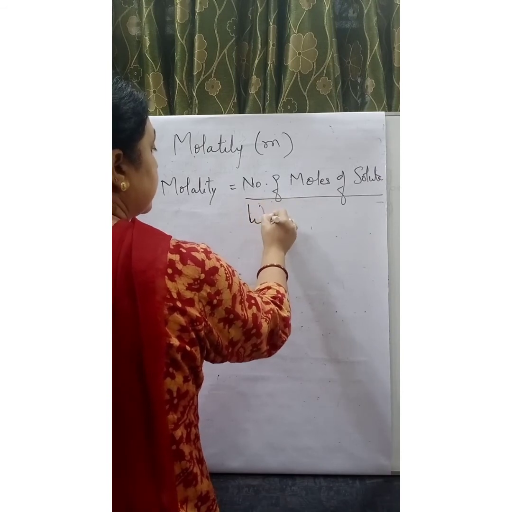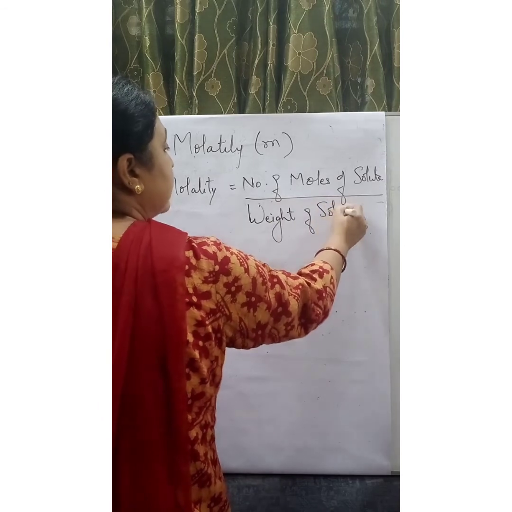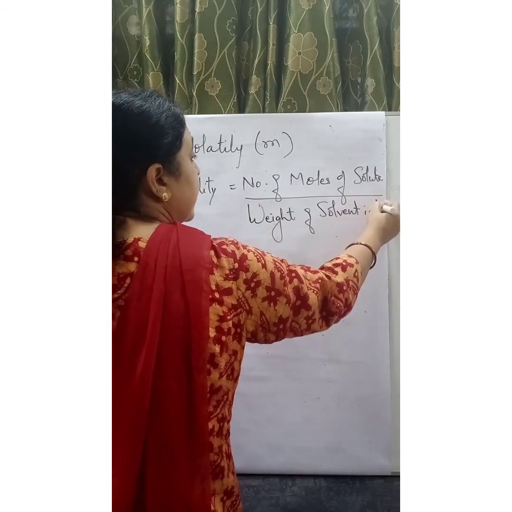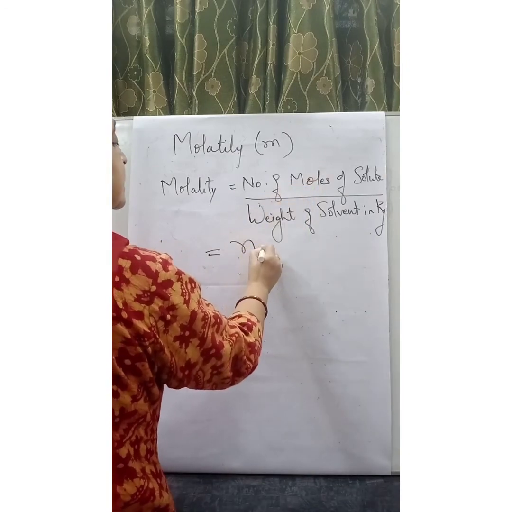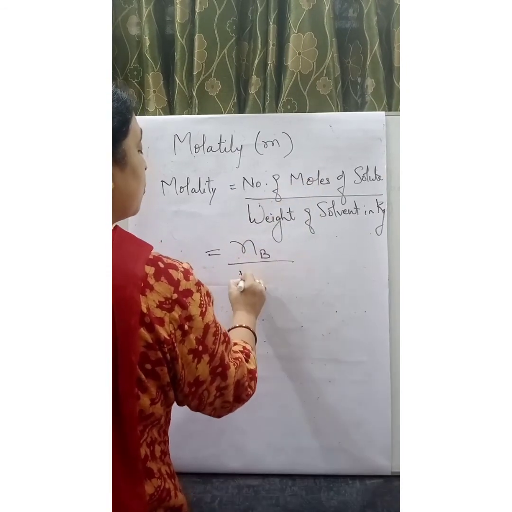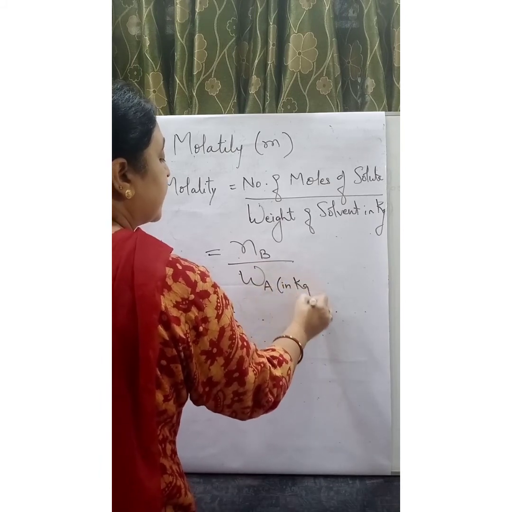So we write here number of moles of solute upon weight of solvent in kg. Number of moles of solute is expressed as Nb upon weight of solvent, which is Wa, and let it be in kg.